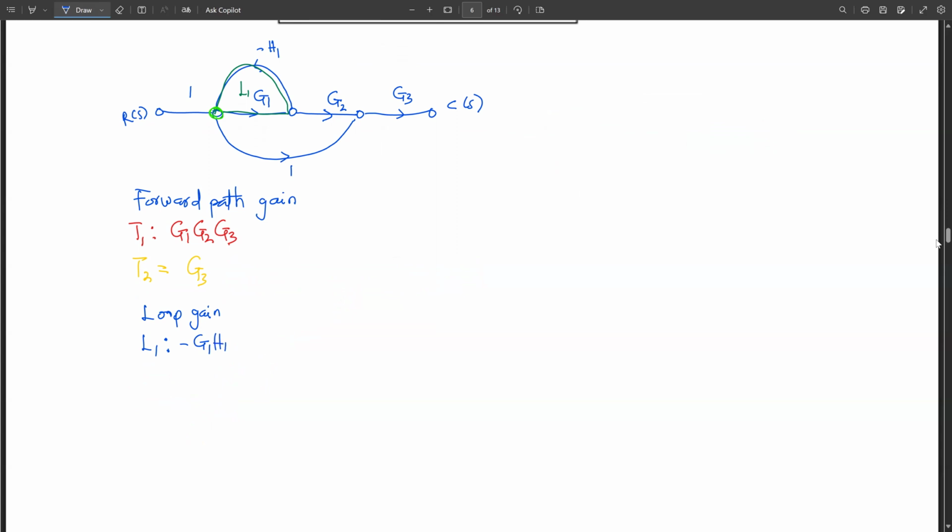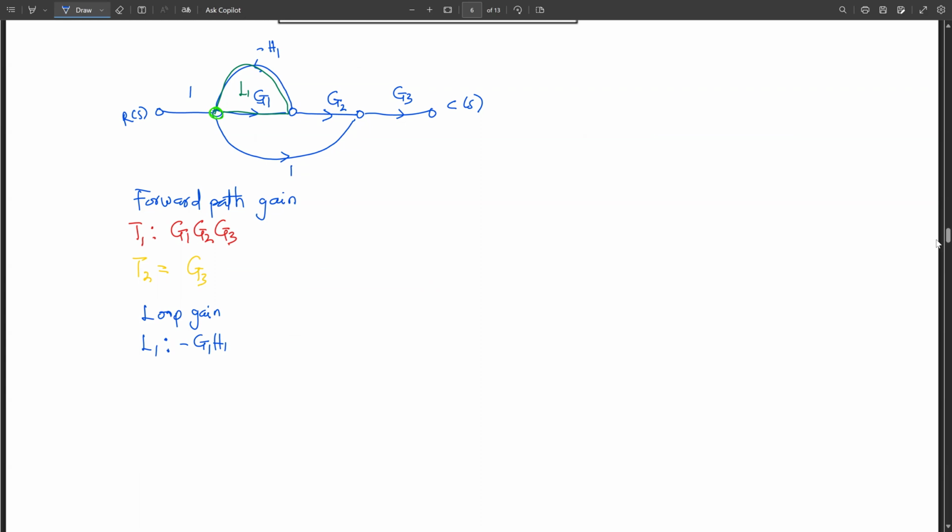It's minus G1 H1 because of the gains here, G1 and minus H1. Now, the next step is to find out if we have any non-touching loops. Since there's only one loop, I doubt we can have non-touching loops, taking two at a time, because we just have one loop, right?